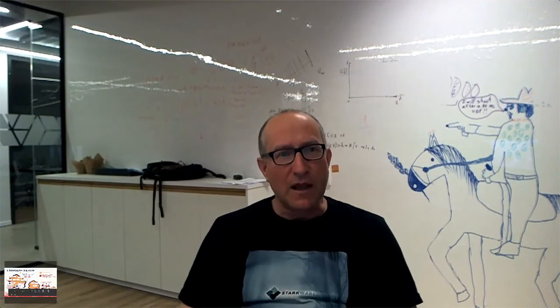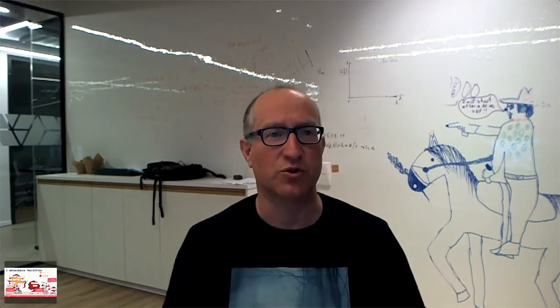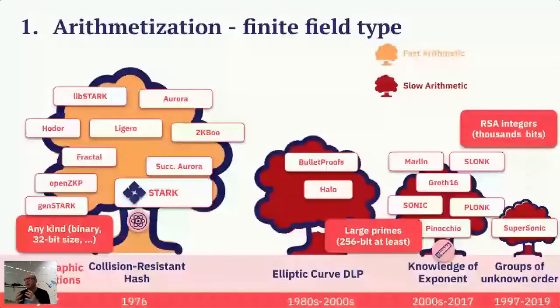So now let's talk about arithmetization, which is the algebraic world into which you're reducing your statements in order for them to be proved. And here again, the kind of cryptography that you're going to use for enforcing low degreeness is going to, to a large extent, dictate the kind of field you're going to embed your computational statements in.